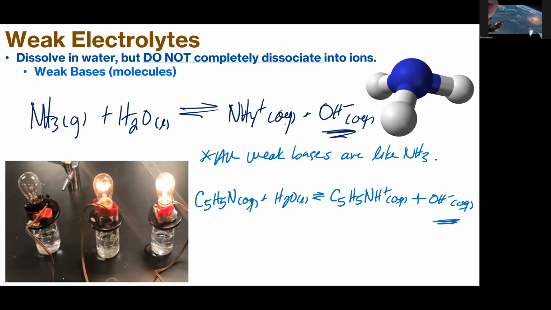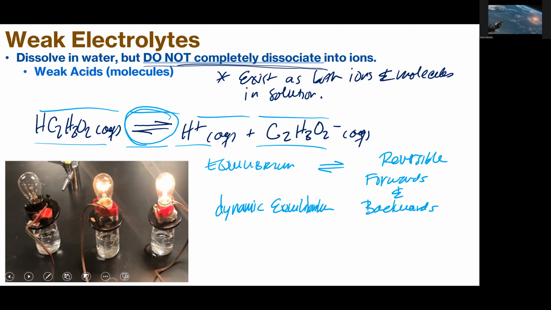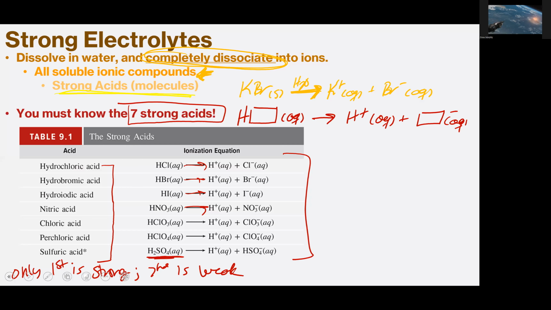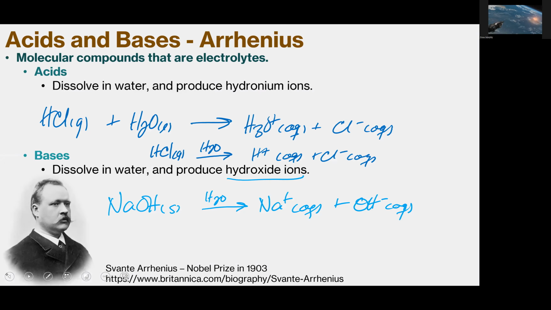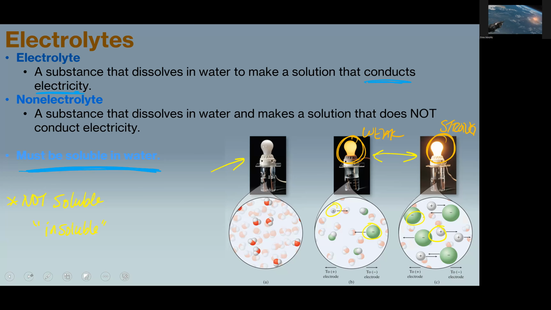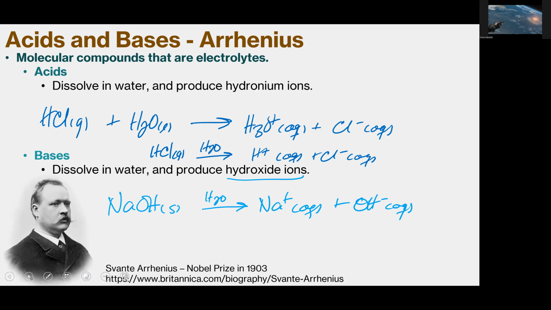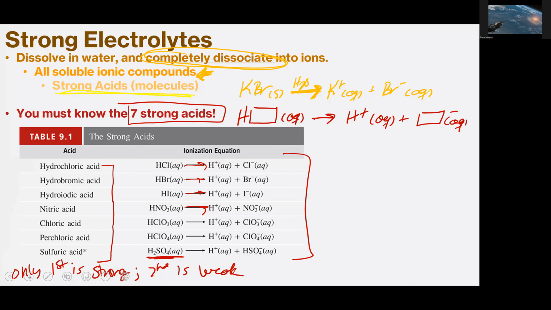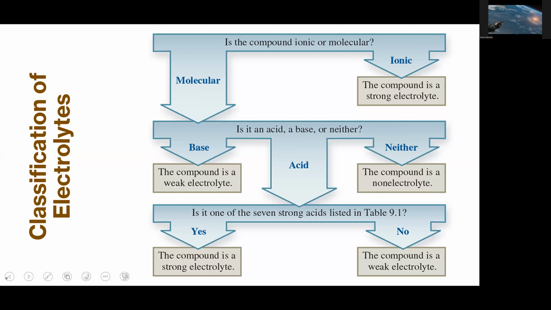Okay, for reference, right? You may be thinking, well, we talked about strong acids and weak bases, and we talked about weak bases. What about strong bases? Our strong bases, strong bases are soluble ionic hydroxides. Okay, and that makes them strong.